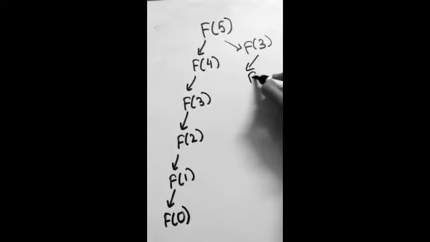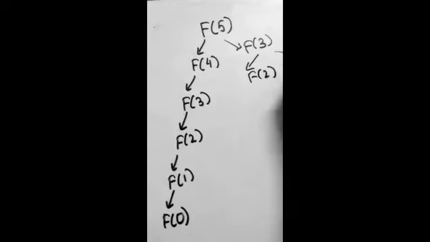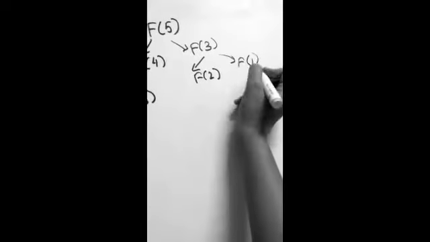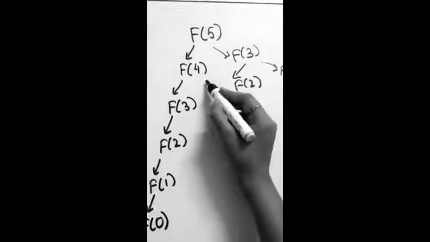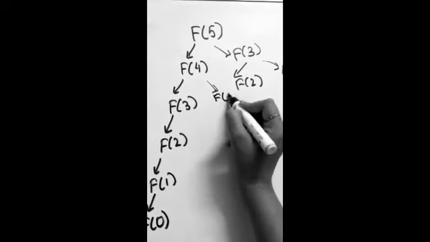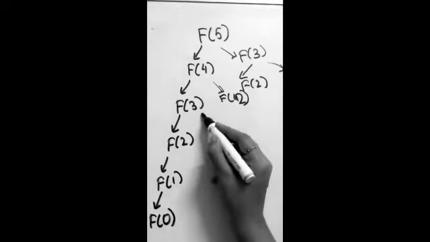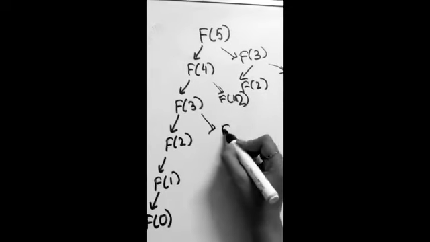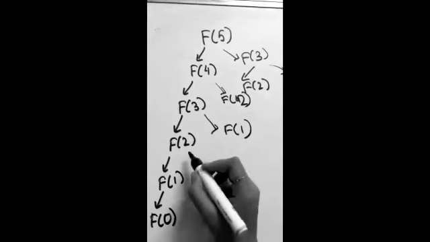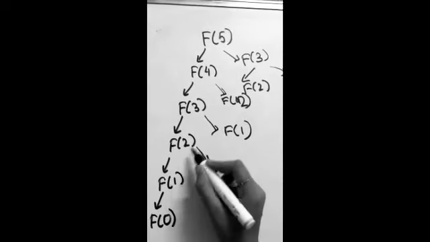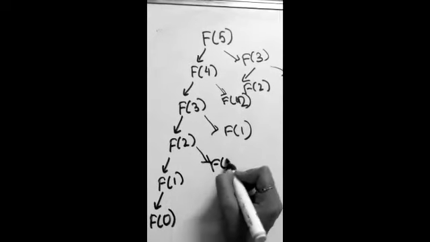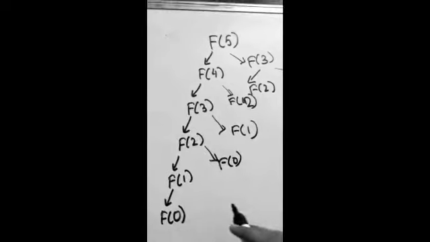So f3 will also call its two functions, f2 and f1. Similarly with f4, f3 and f2, and similarly with f3, f2 and f1, and for f2, f1 and f0. f0 doesn't call anything.